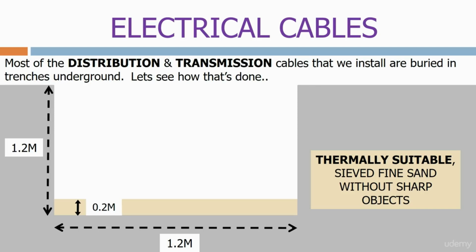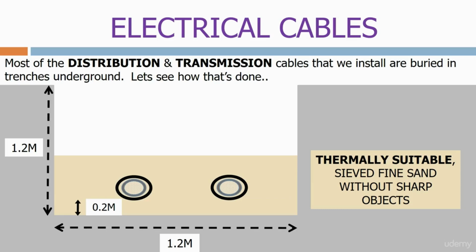Cables generate a lot of waste heat. We therefore put a layer of thermally suitable sand to absorb the heat. In this situation we've got 3 single core cables, so we're going to do a trefoil arrangement. The first stage is to put 2 single core cables at the lower level.